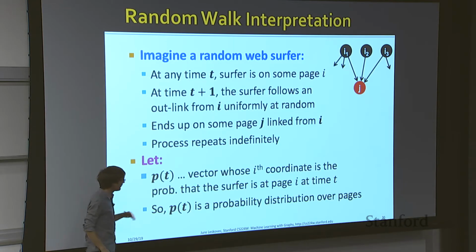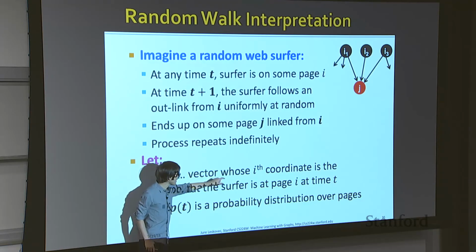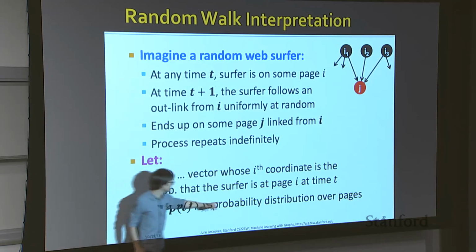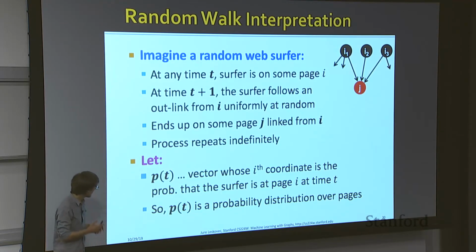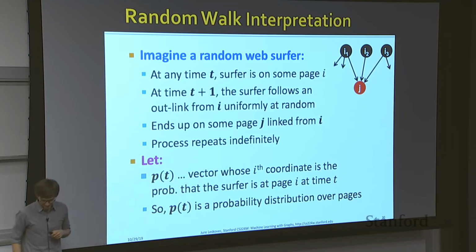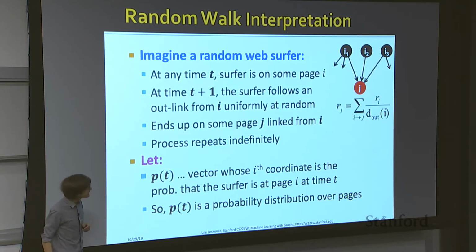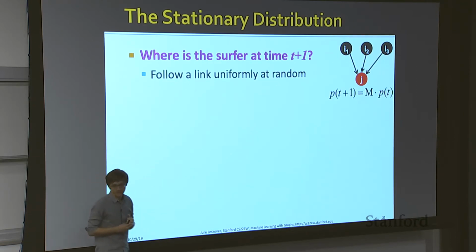So let's say the following. Let P of t be a vector whose ith coordinate is the probability that the surfer is at a given page I at some time t, right? So P of t is a probability distribution over pages, right? So now let's ask ourselves, what is P of t plus 1? Right?